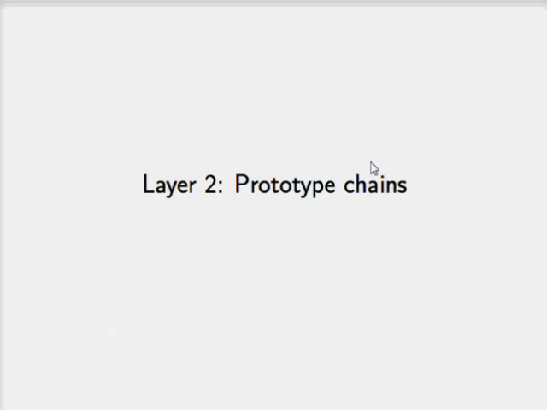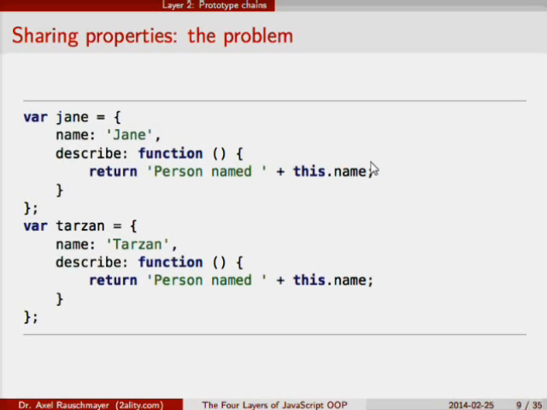So that concludes layer 1. Layer 2 is about prototype chains. The problem that you're trying to solve with prototype chains is that you want to share data. Here's an example where objects contain redundant data.